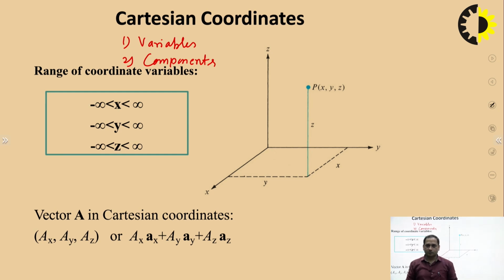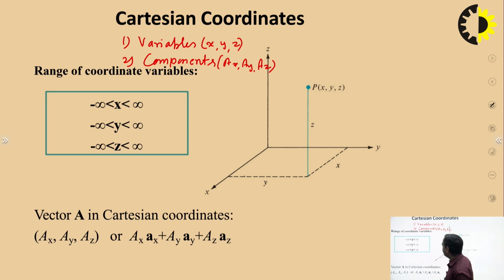In the Cartesian coordinate system the variables are x, y, z, and the components will be of the vectors. So here the components will be ax, ay, and az.